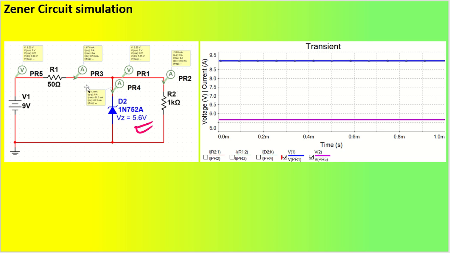You can see that the voltage at this particular probe PR1 is regulated to 5.6 volt. You can see 5.65 it is written, because the simulated components are a little bit deviating, so you don't have to worry about this. However, let us open Multisim and try to simulate this circuit and see what is the result.